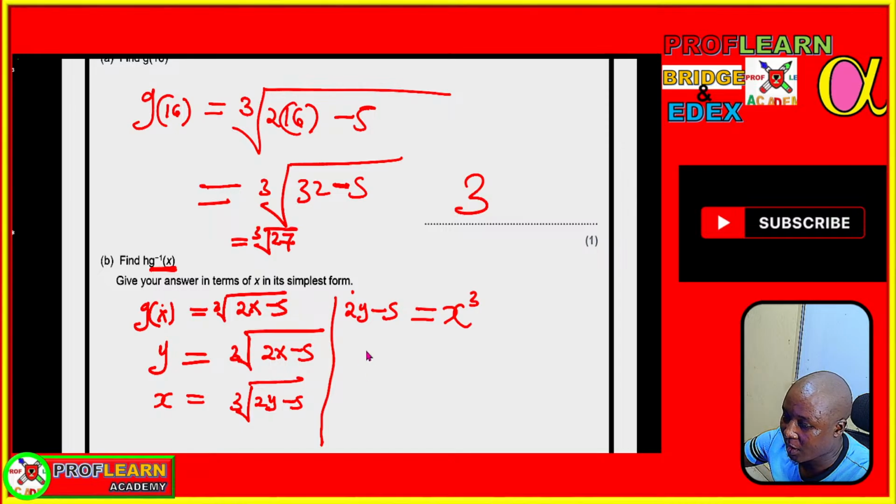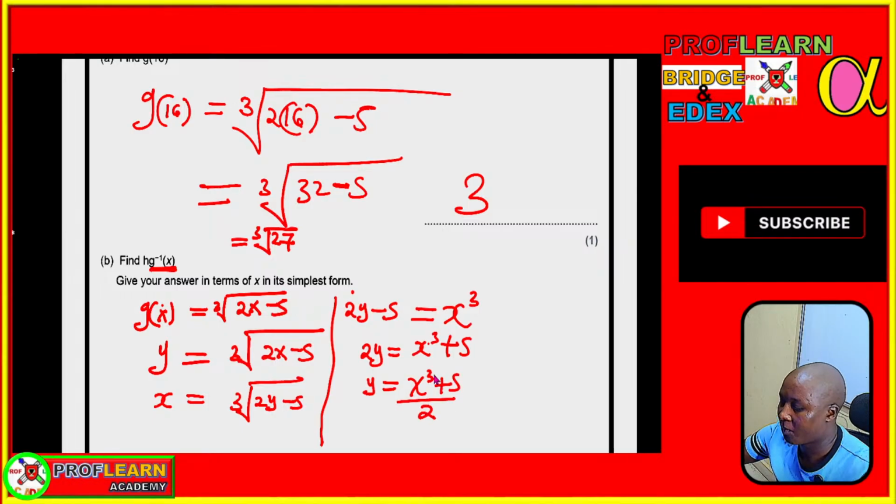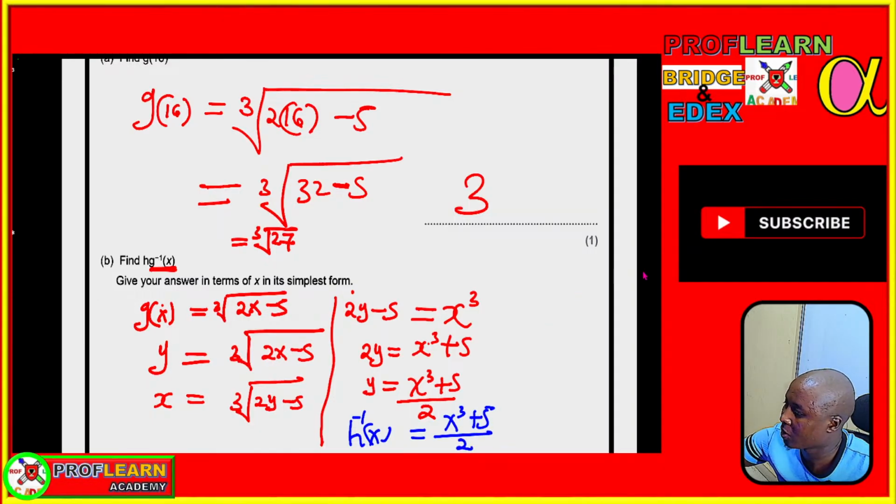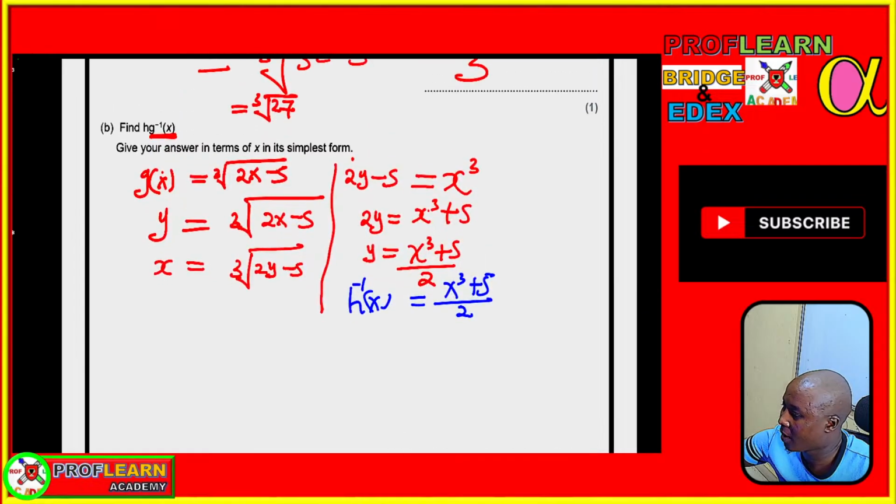Then we shall make y the subject, so we shall have 2y is equal to x power 3 plus 5, and therefore y is going to be x power 3 plus 5 over 2. Now with this value that we have here, g inverse of x is basically x cubed plus 5 over 2. So that becomes our inverse function.